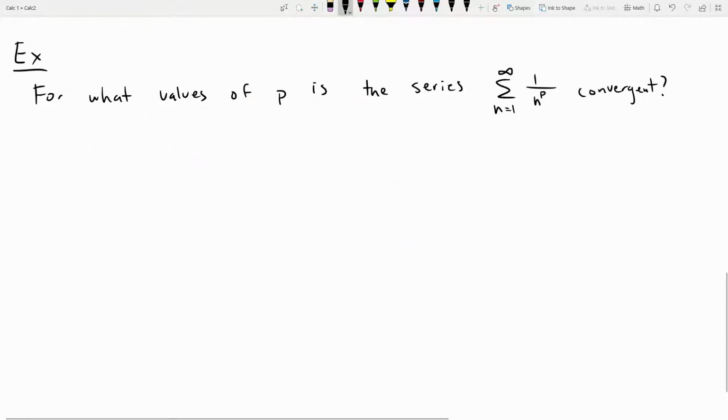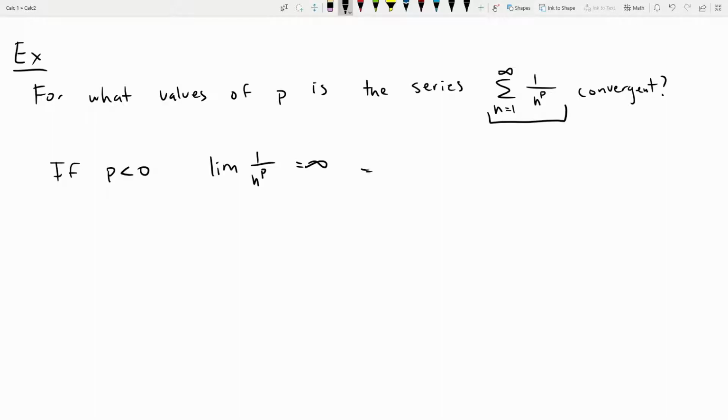So now for this example, we are given this series right here, which is 1 over n to the power of p, and we're asked for what values of p this series is convergent. Automatically, we can see that if p is less than 0, meaning it's some negative value, then we can clearly see that the limit of 1 over n to the p would equal infinity.